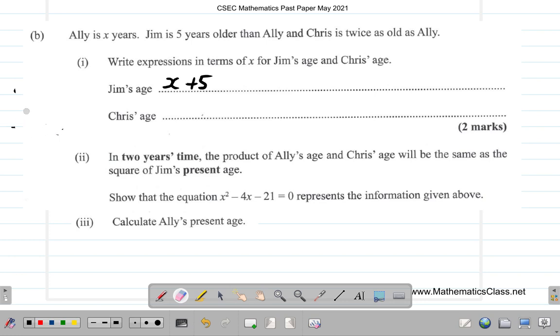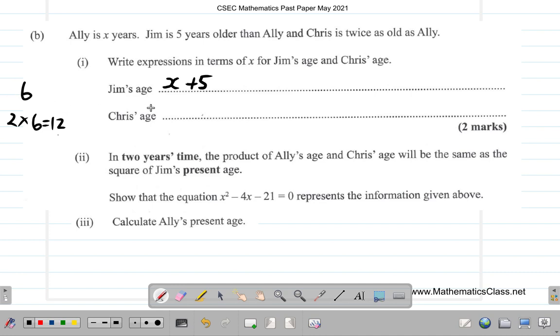Oh, God almighty. Alright, let me see now. Supposing Ali is 6. Now if Chris is twice as old as Ali, 2 by 6 is 12. So Chris is just 12. Right?